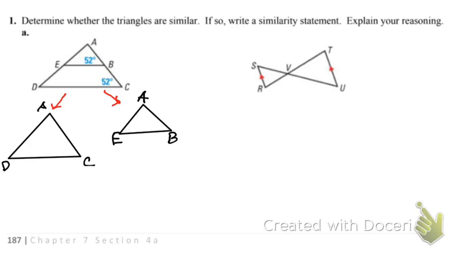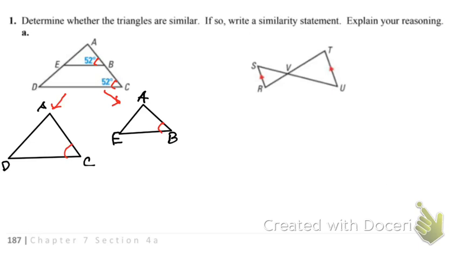If we look here, we have 52 degrees at C and 52 degrees at ABE. So that means those two angles are congruent to each other. So I can put those on the newly drawn triangles, that C is congruent to B. Now I need one more angle being congruent. What is the other angle and why, Sangha? Angle A, because they're sharing angles together.